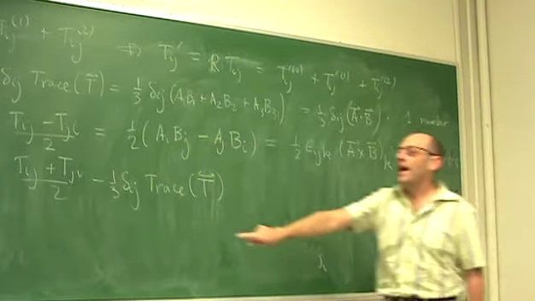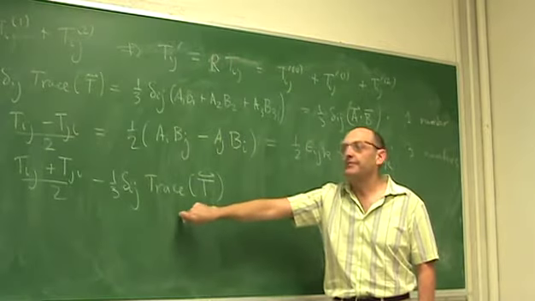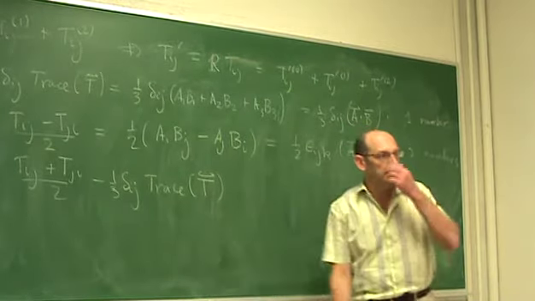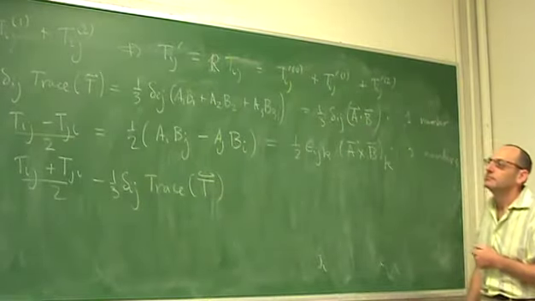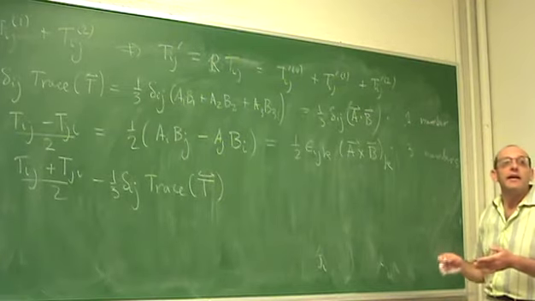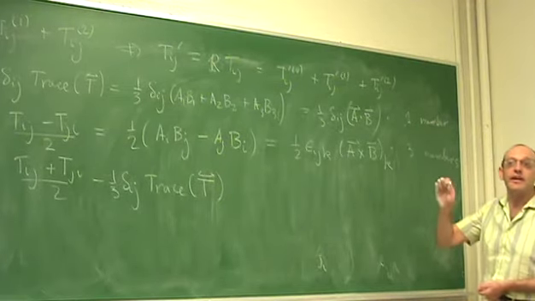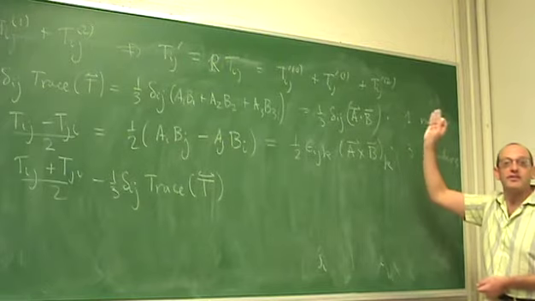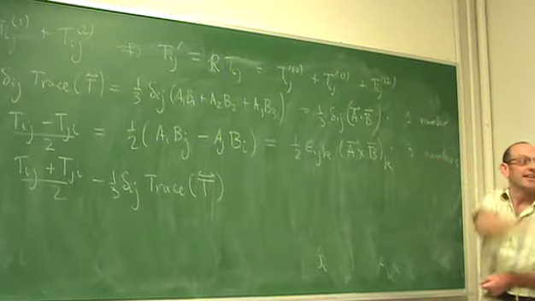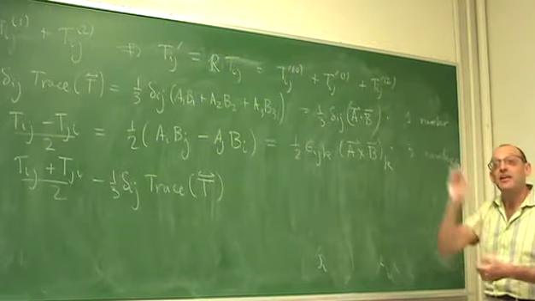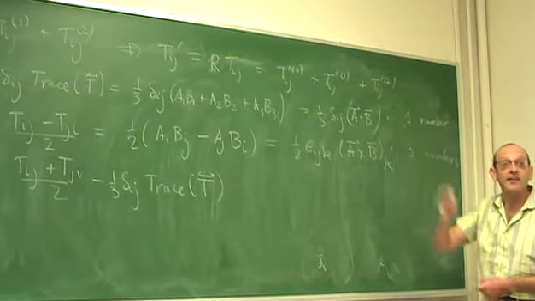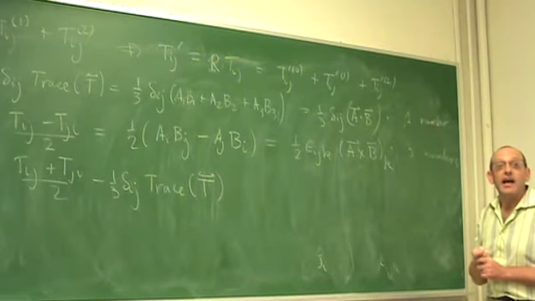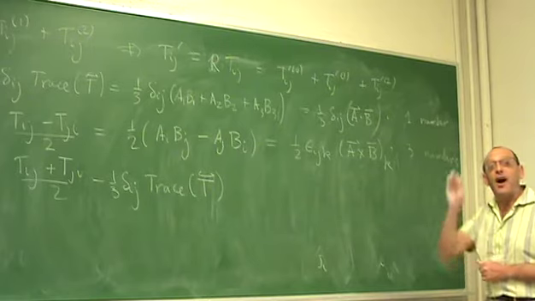How many numbers do I have to specify this matrix or this tensor? Well, it's symmetric, which means whatever is on one part of the diagonal is equal to the other, so I only have to specify the three numbers off diagonal. Then there are three numbers on the diagonal.